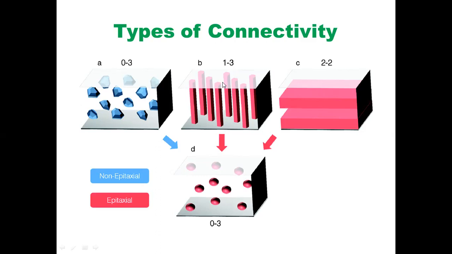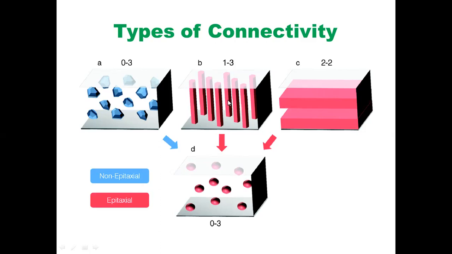Here, 3 shows the dimension of the second phase, and 0 shows the dimension of the first phase. That means 0 indicates that the particles of the first phase are in the nanoscale range, but the particles of the second phase are in the micrometer range. So we write it as 0-3 connectivity.